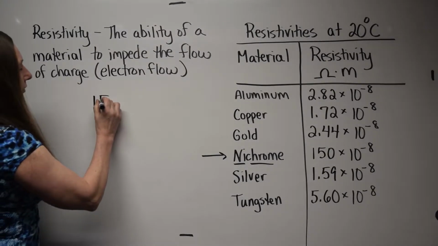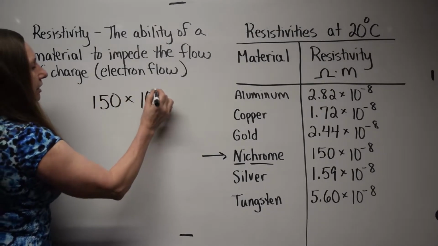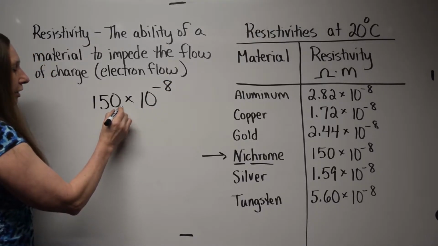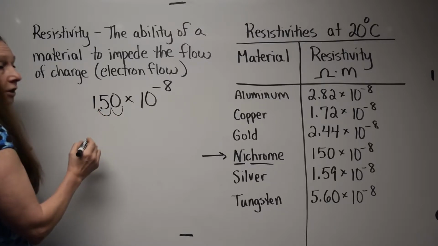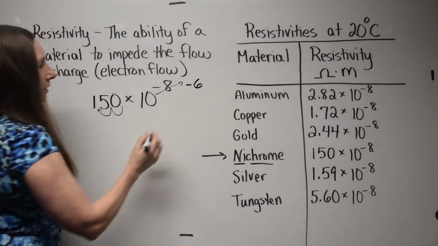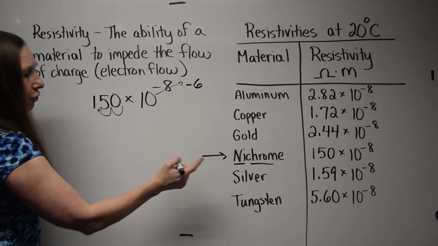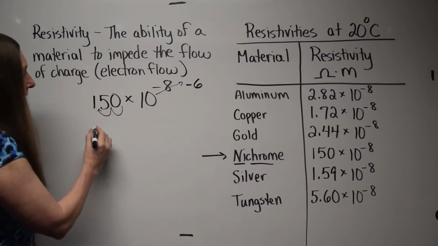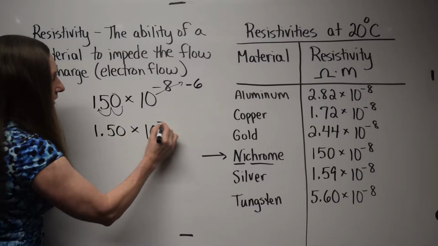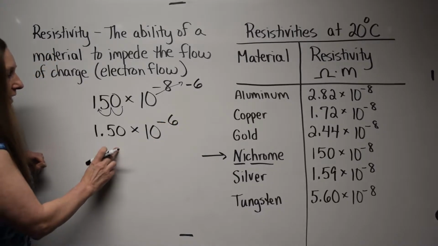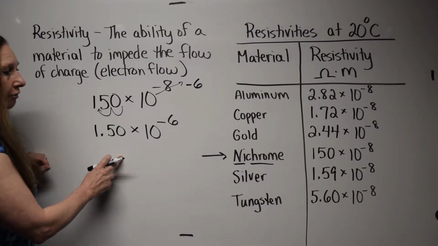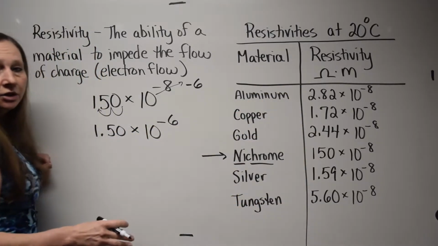Putting 150 times 10 to the negative 8 in proper scientific notation, if you move the decimal 2 places smaller here, this would have to become 2 places greater, to negative 6. So if you were to put nichrome in proper scientific notation, 1.50 would be times 10 to the negative 6. That makes nichrome have a 100 times greater resistivity than everybody else on this list.